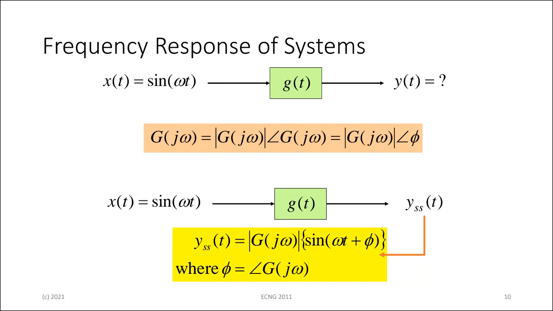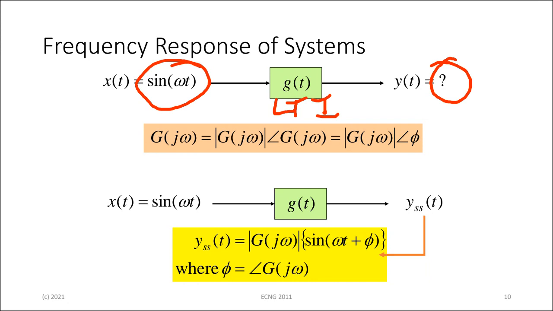But the question is: if I have G(t) and G(t) is LTI, linear time invariant, that is an important thing, it must be linear time invariant. If x(t) is sin ωt, then what is y(t)? What is the steady state response of y(t)?